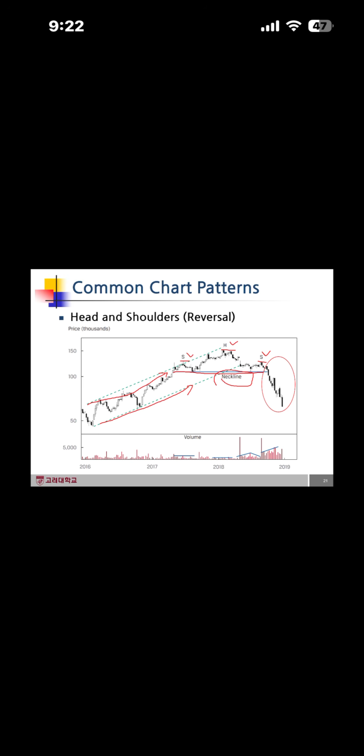Technical analysts often monitor closely to see whether the price breaks below the neckline. So here is the very important part.